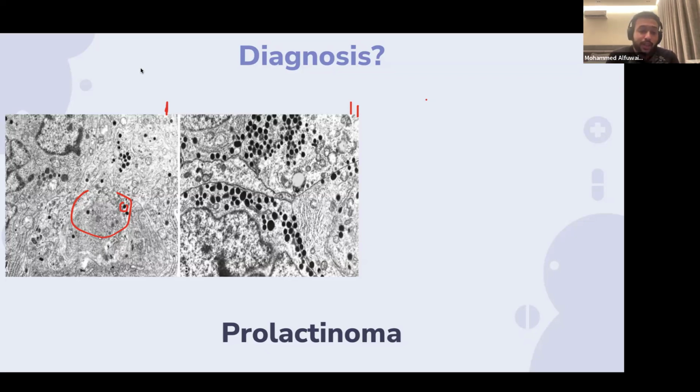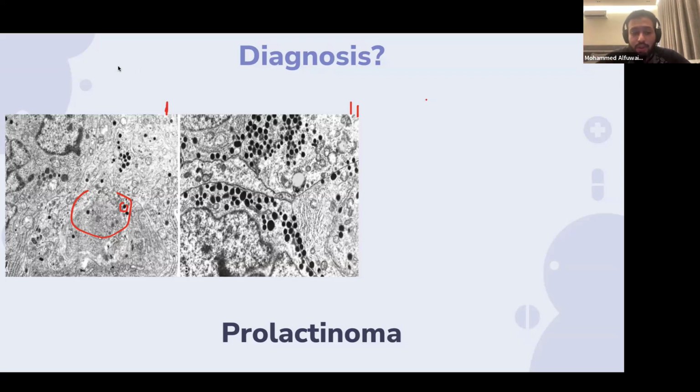So you better give cabergoline. If you gave them cabergoline, you follow them up, and it doesn't work, then you might go to surgery. You check pituitary MRI to check the size of the prolactinoma, and you also do periodic prolactin levels, okay, to check the decrease in prolactin. If this doesn't work, you might do surgery later on.